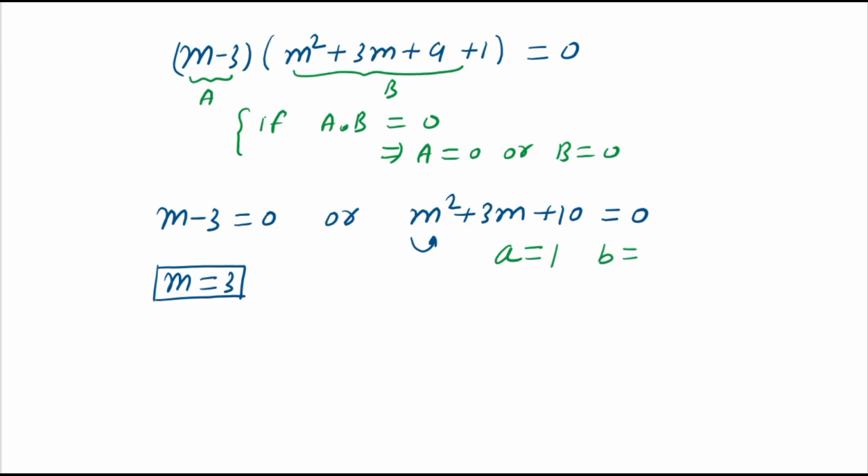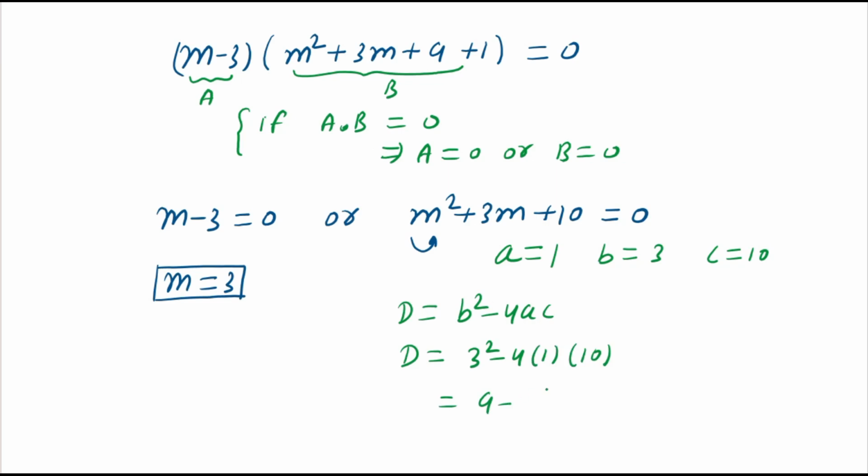The value of b is the coefficient of m, which is 3, and the constant term c is 10. The formula of the discriminant is D = b^2 - 4ac. D = 3^2 - 4 times 1 times 10 = 9 - 40 = -31. The discriminant of this quadratic is -31, which is less than 0. It means no real roots.